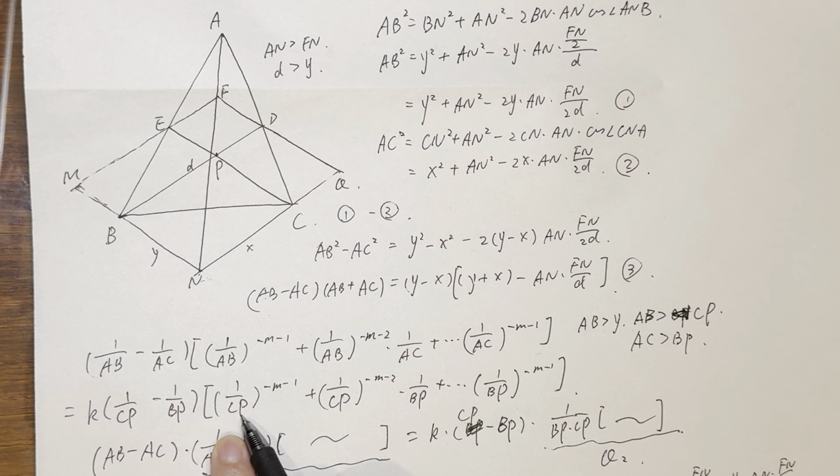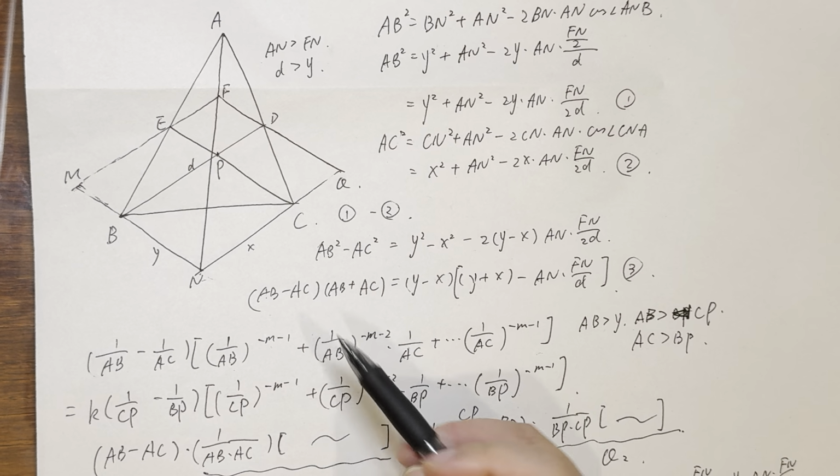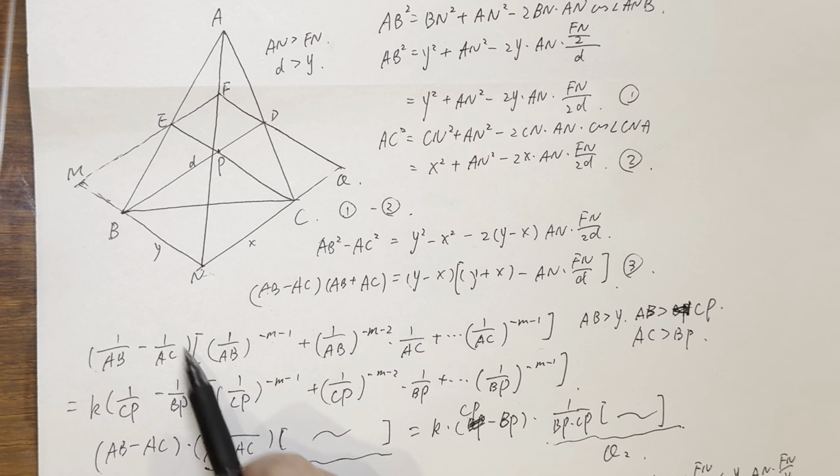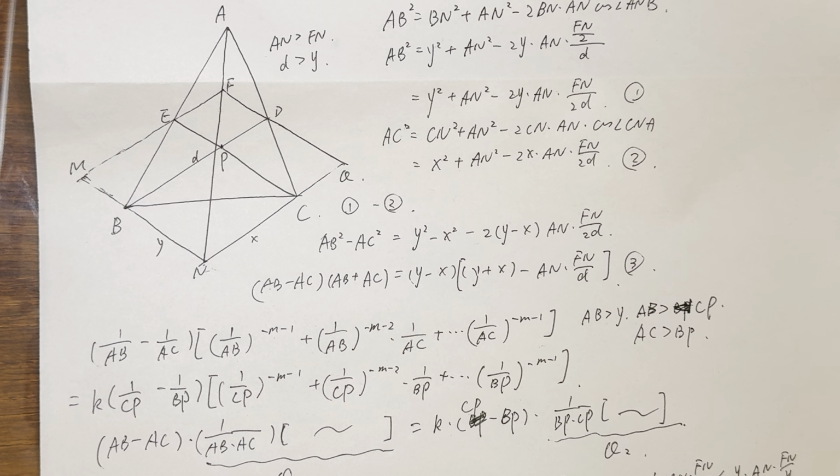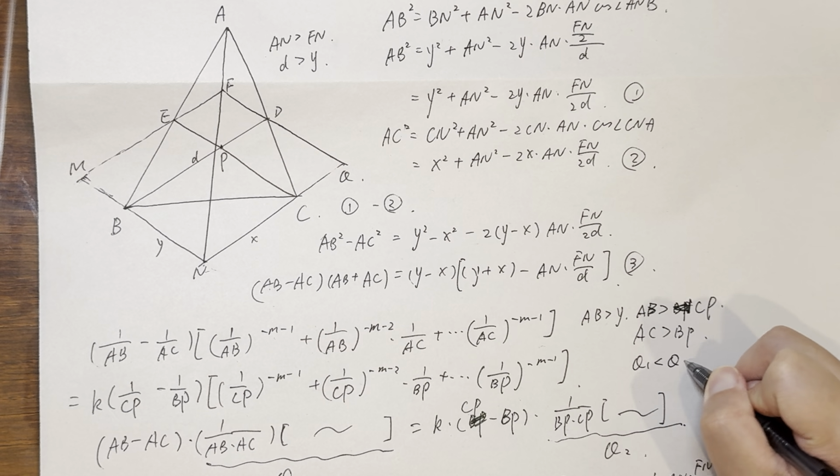AB is larger than CP. Remember here, minus M is a positive number. So 1 over AB is actually smaller than 1 over CP, which means all of them adds up should be smaller than these things, which means Q1 should be smaller than Q2, right? Q1 should be smaller than Q2.